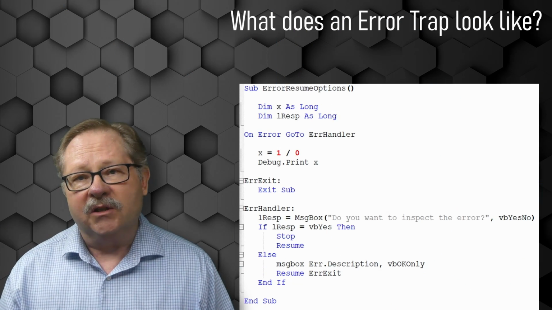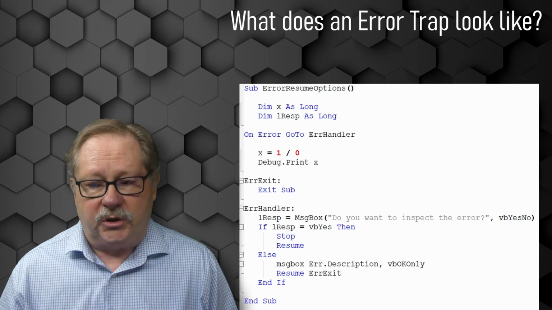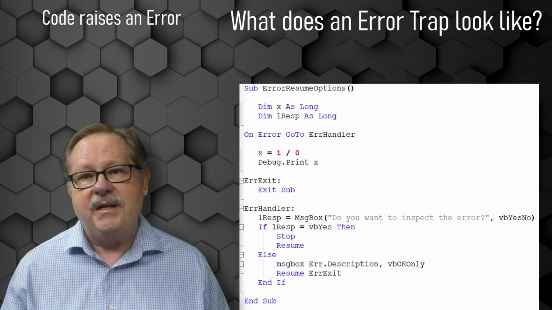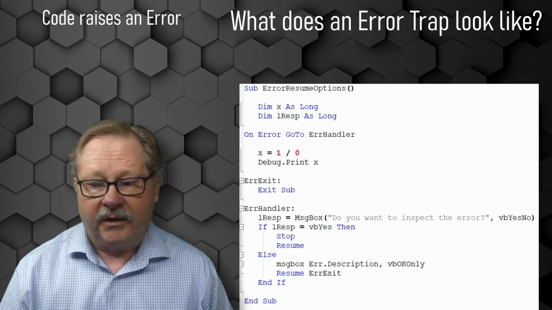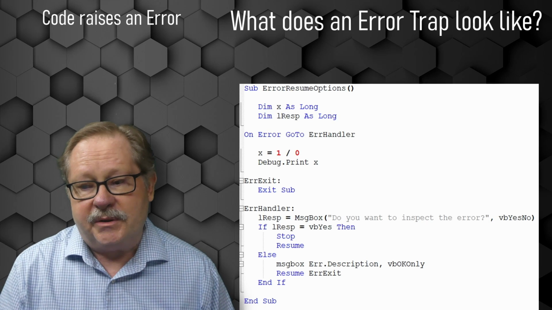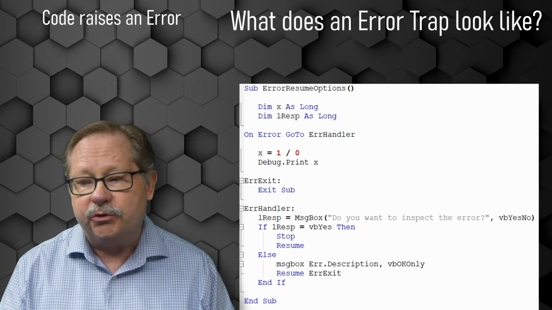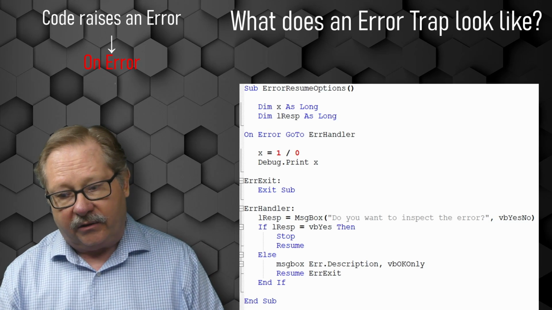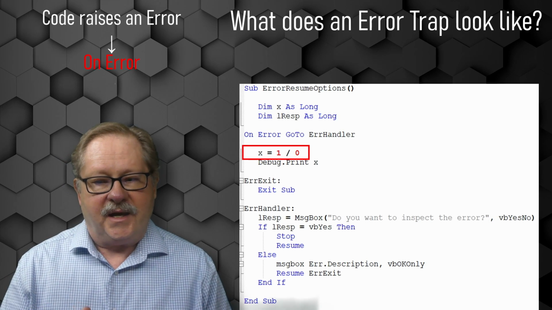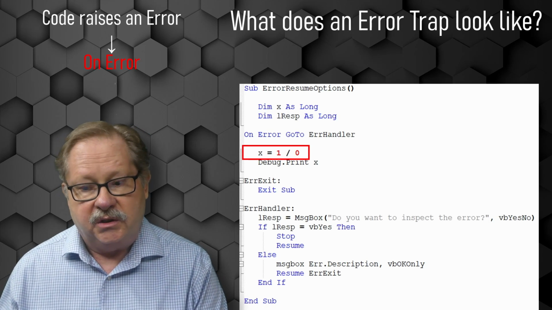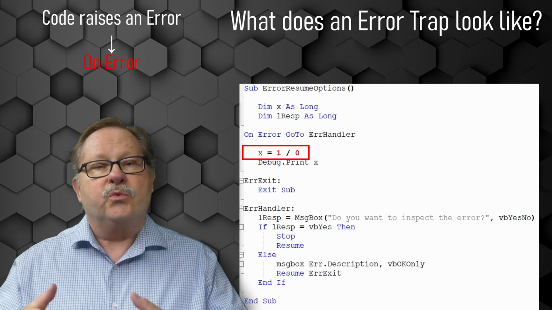Let's go ahead and see what an error trap would look like. Because the minute you have an error come up, it's called raising an error. The minute that happens, you end up being able to trap that error with an error handler. Once the error happens at x equals 1 divided by 0, that error is raised.